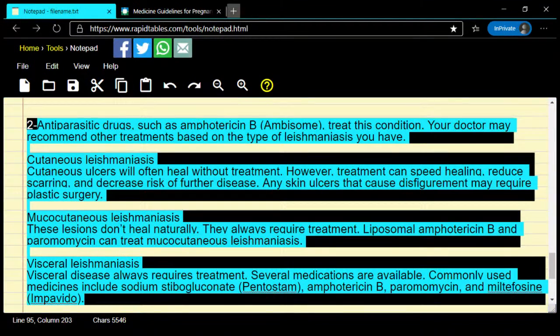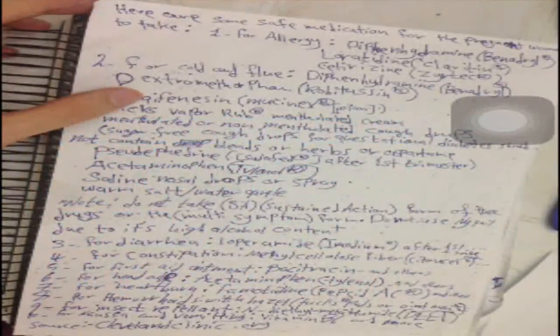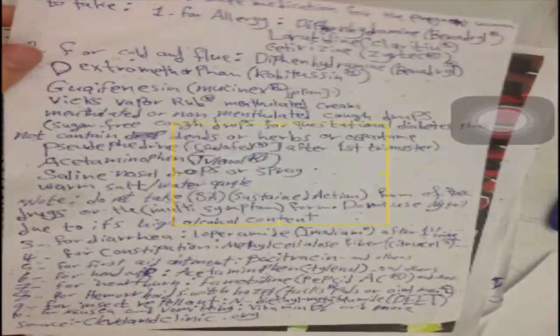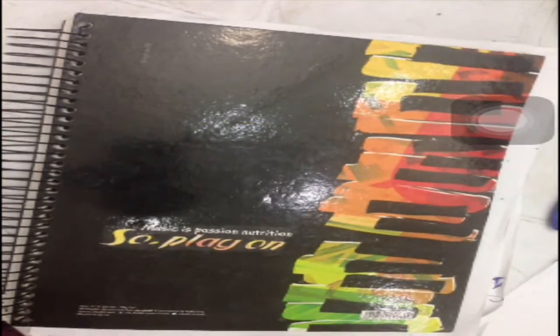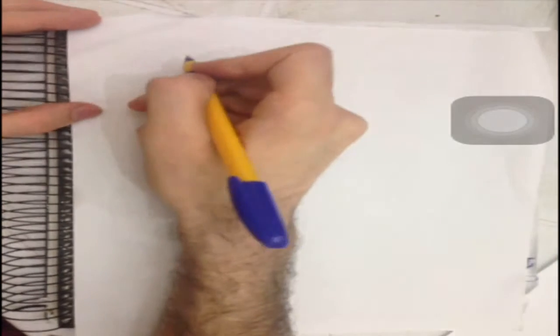We shall start writing a page on this paragraph discussing these leishmania. Let's just start by antiparasitic drugs.